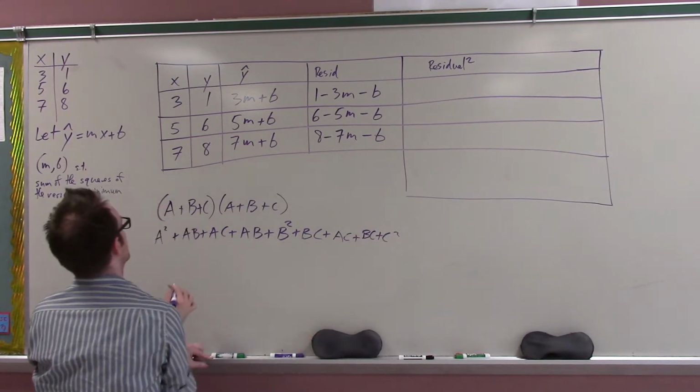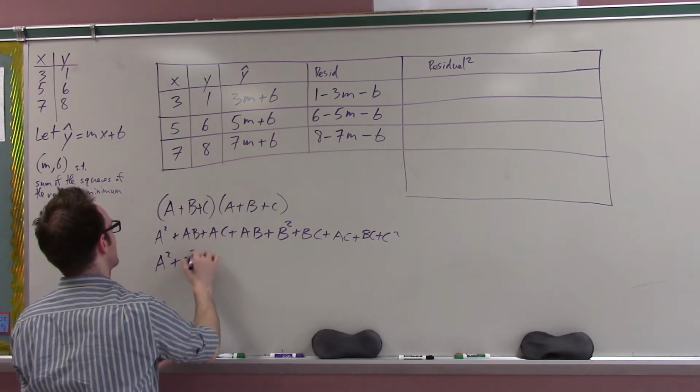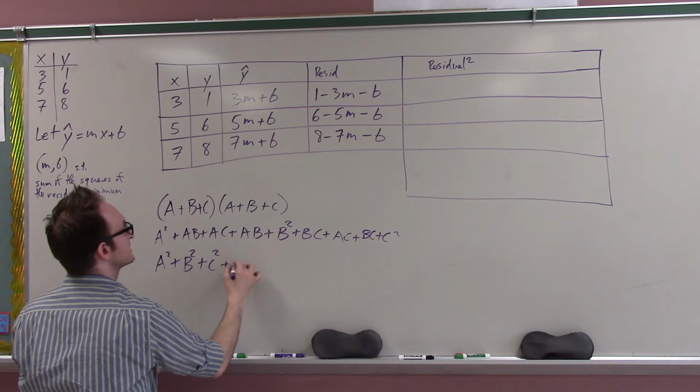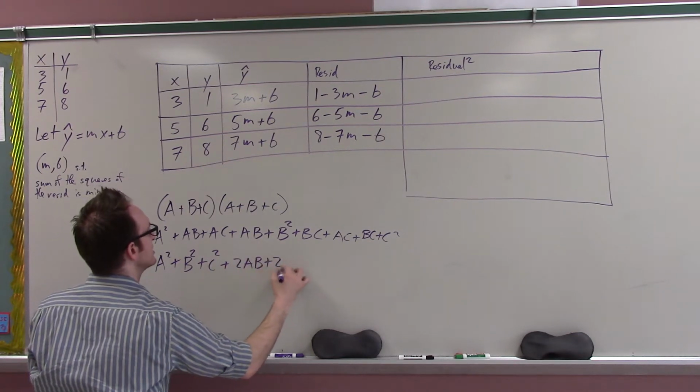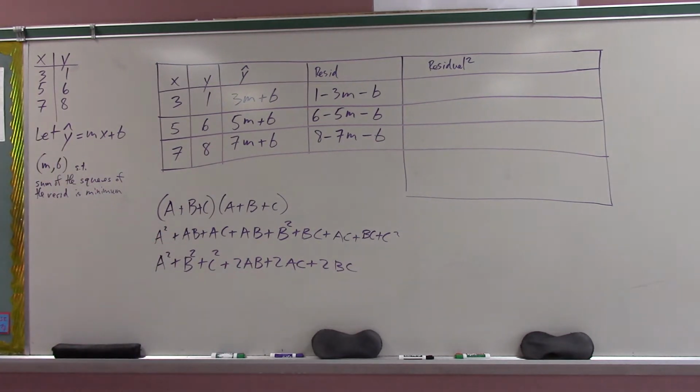In other words, when you multiply two trinomials, you get a squared plus b squared plus c squared plus 2ab plus 2ac plus 2bc. So that's a nice little formula with 6 terms.